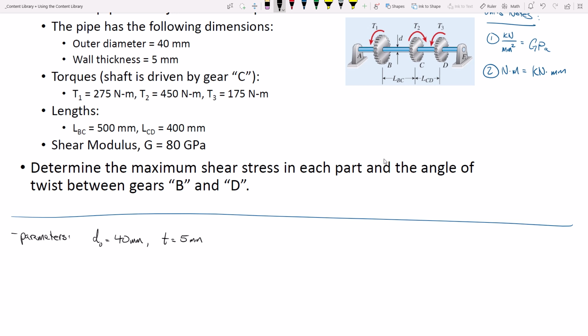All right. We were given that the pipe has an outer diameter of 40 millimeters and a wall thickness of 5 millimeters. Now, keep in mind, we're trying to determine J for a pipe. Anybody have that formula handy?